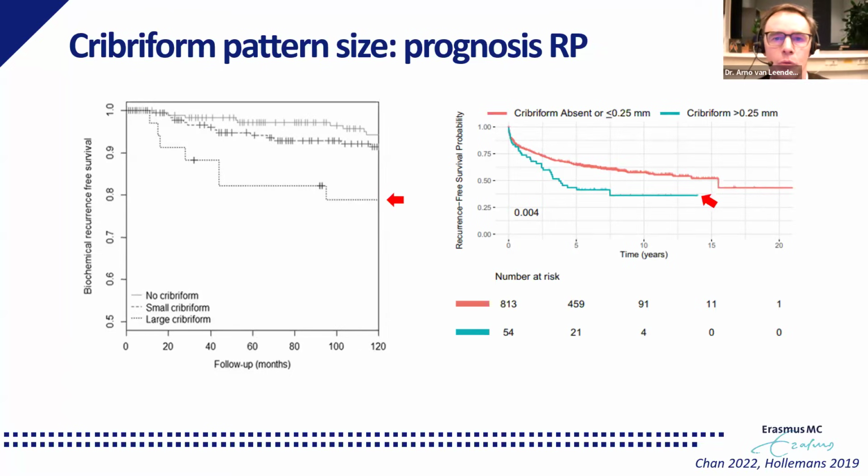And it's worse than small cribriform pattern. And in both series, the difference between small cribriform pattern and no cribriform pattern at all was not statistically different. So both series pointed towards that mostly large cribriform pattern had independent prognostic value for biochemical recurrence on radical prostatectomies.